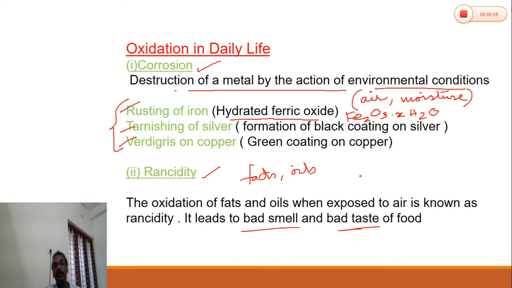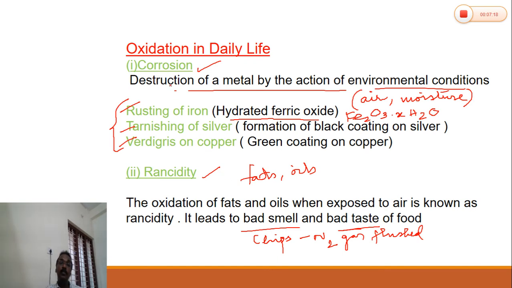Rancidity can be prevented by keeping food items in airtight bottles or in a refrigerator. In the case of chips and similar items, we can flush nitrogen gas into the packets. Thus, we can prevent rancidity.